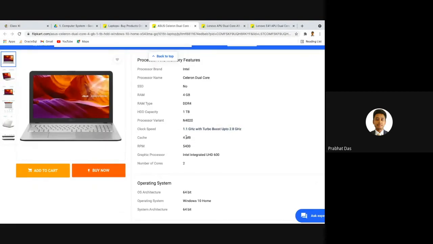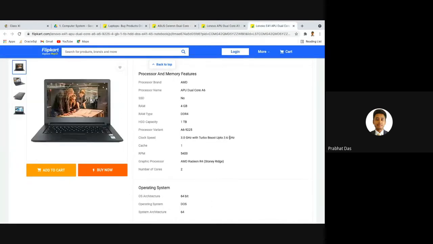Now the question is, the answer is obviously yes, because that is the turbo speed, the turbo boost of speed. But while processing, there needs to be some sort of data that needs to be stored in the cache memory. So if you go by this laptop, in this case the processing speed will definitely lag, because the memory size is very small for storing the data while processing.